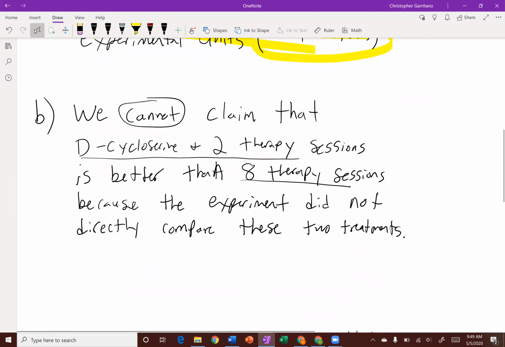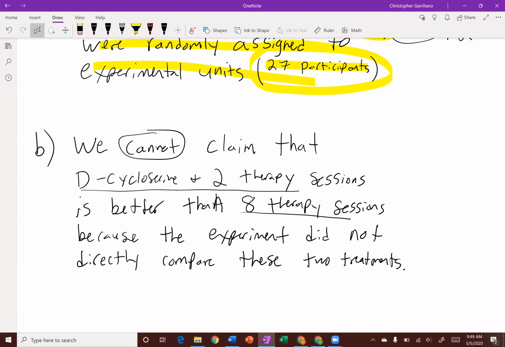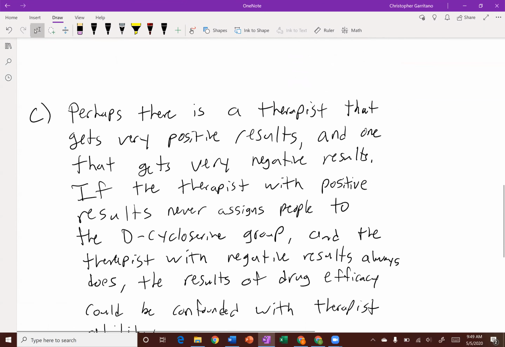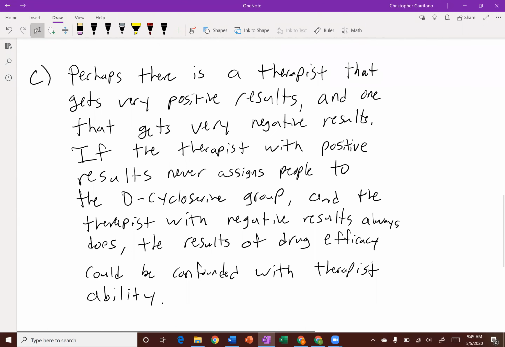So my mindset, so after looking at the scoring guideline, my answer is very different from what they put, but I am convinced that my answer would receive full credit or essentially correct because I've done what they required in the scoring guidelines. And you'll see what I mean in a moment. So this was my answer. Perhaps there is a therapist that gets very positive results and one that gets very negative results.